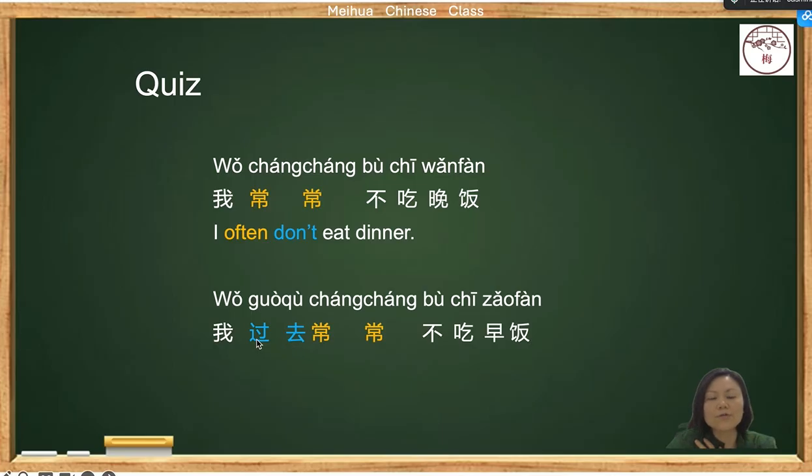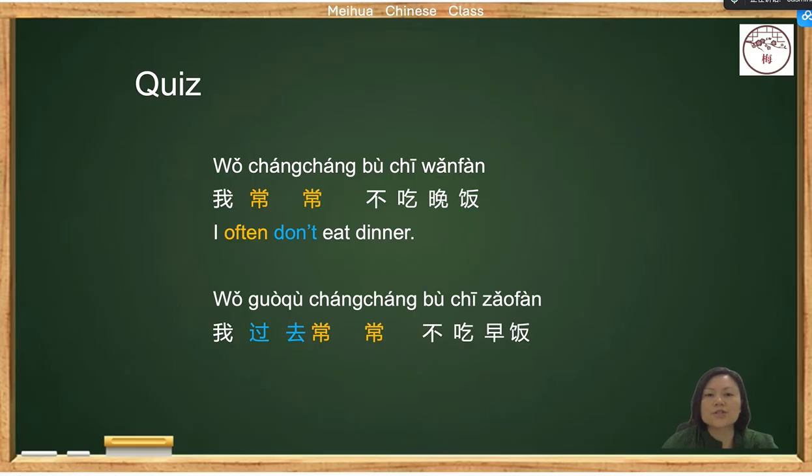Okay, if we find any time phrase in the sentence, we should always follow this as priority one. It's about in the past. 过去 is in the past. So the tense of this sentence is the past.